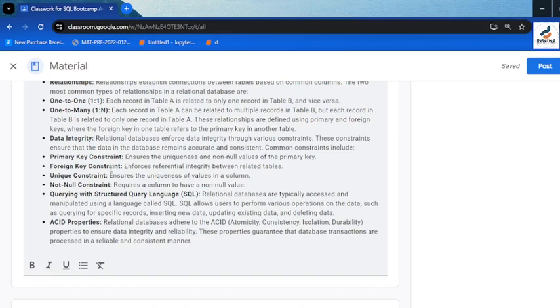So we also have foreign key constraints, right? They signify to a table that there's a column that is a foreign key in this table. You also have a unique constraint, where you can establish uniqueness of values in a column, right? And you also have the not null constraint. All these are used when you're creating different tables.